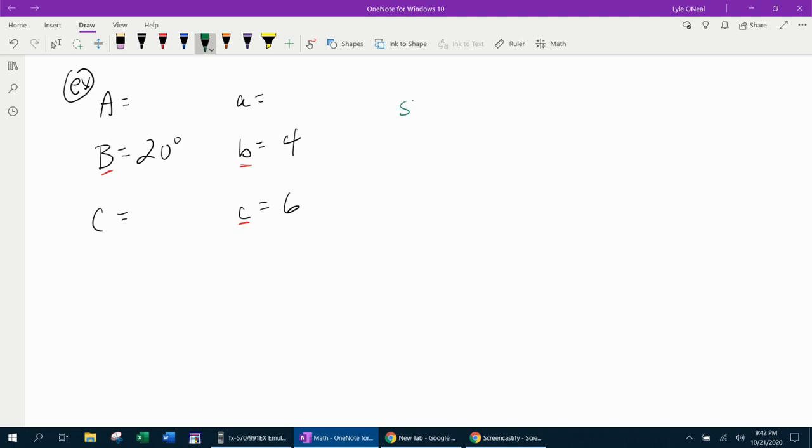All right, so let's start with the law of sines. Setting up the law of sines, letters that match go in the same fraction. So that's going to be sine 20 over 4. The 6 is the only other number given, so it has to be used. And that means we're looking for angle C.